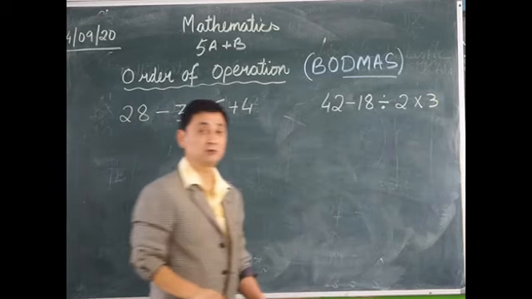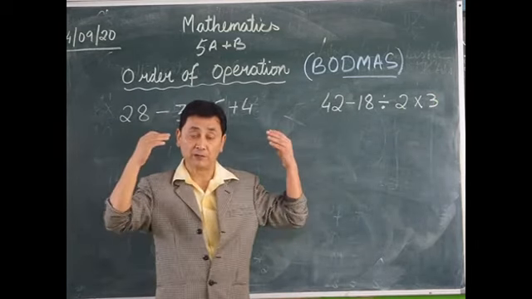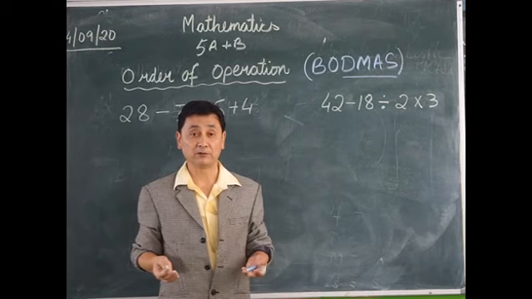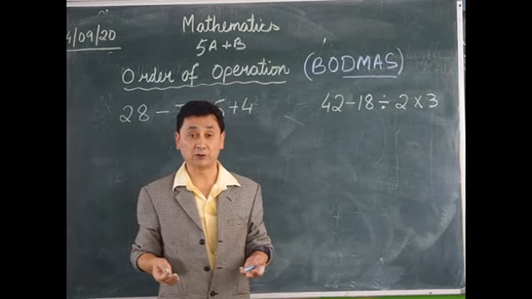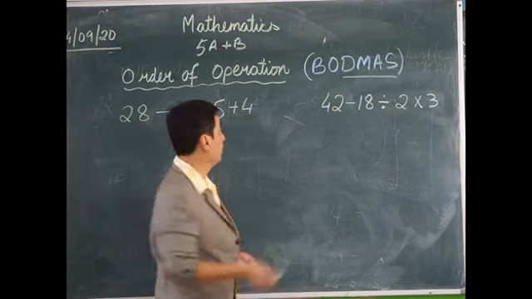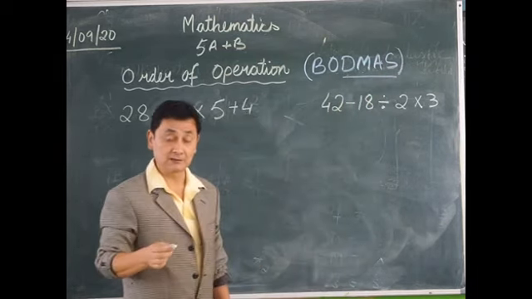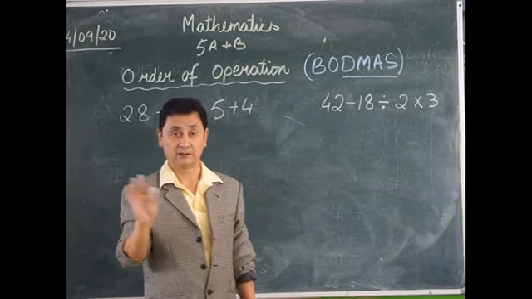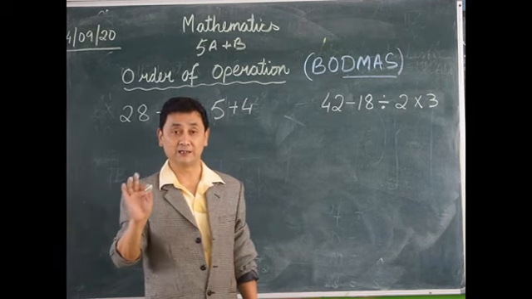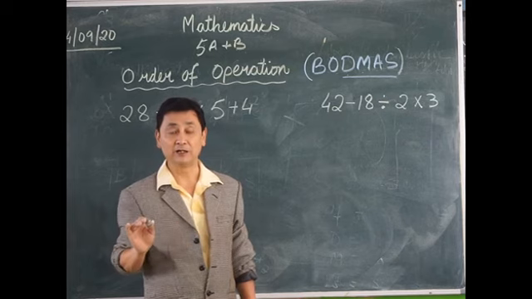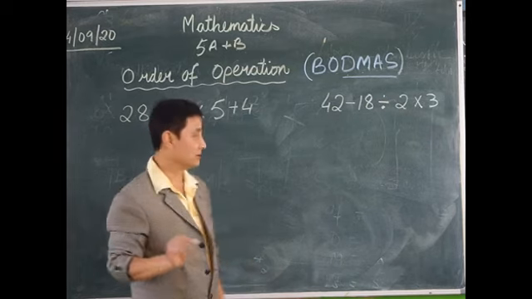I'm going to do this sum twice because the first time you may be puzzled, you may not be able to understand what the teacher is trying to teach you. But if we follow BODMAS, okay, there will be no mistake. Step by step, and there will be no mistake at all.